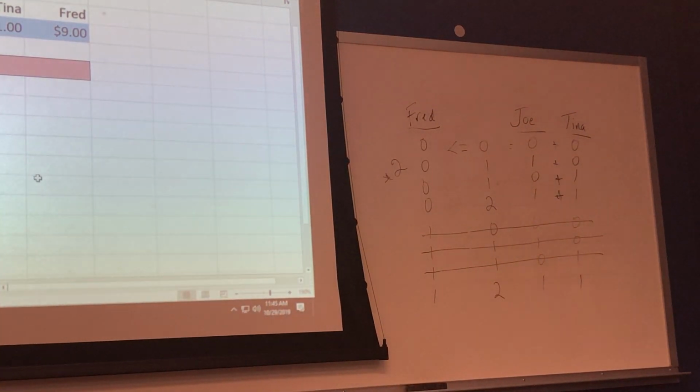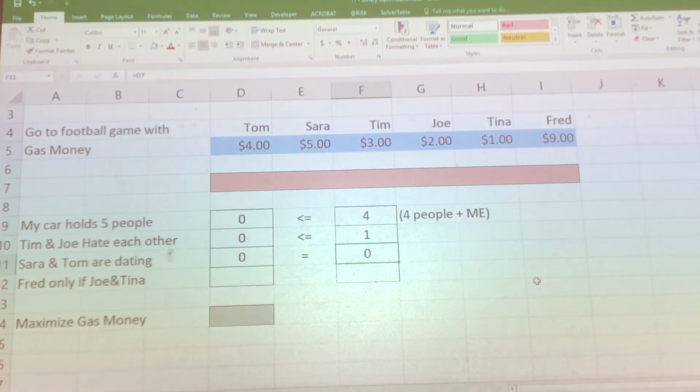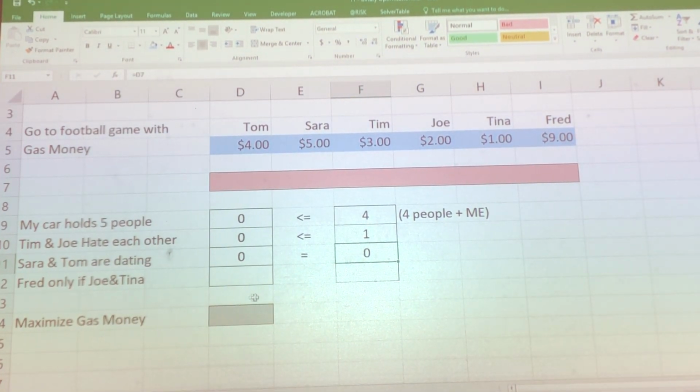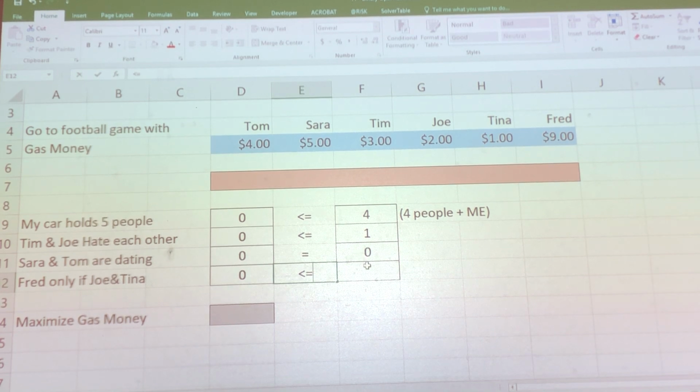You're not going to have to do one with 3, but I think it's good to look at it, stretch yourself a little bit and think, how would I make this work? But on this side of the inequality, what you want to do is take the binary variable for Fred, which is I7, and multiply by 2. I took Fred times 2, and make sure that's less than or equal to the sum of Joe and Tina.